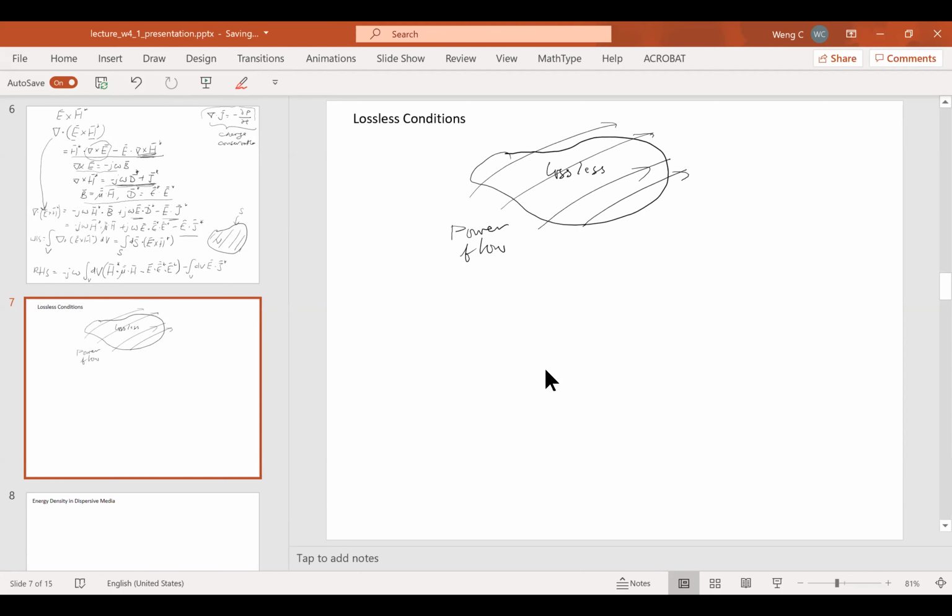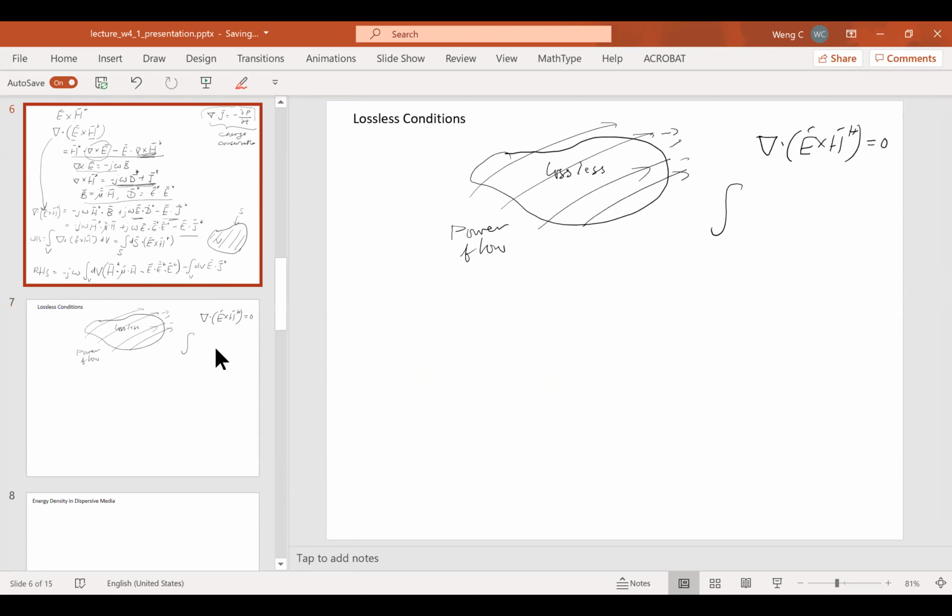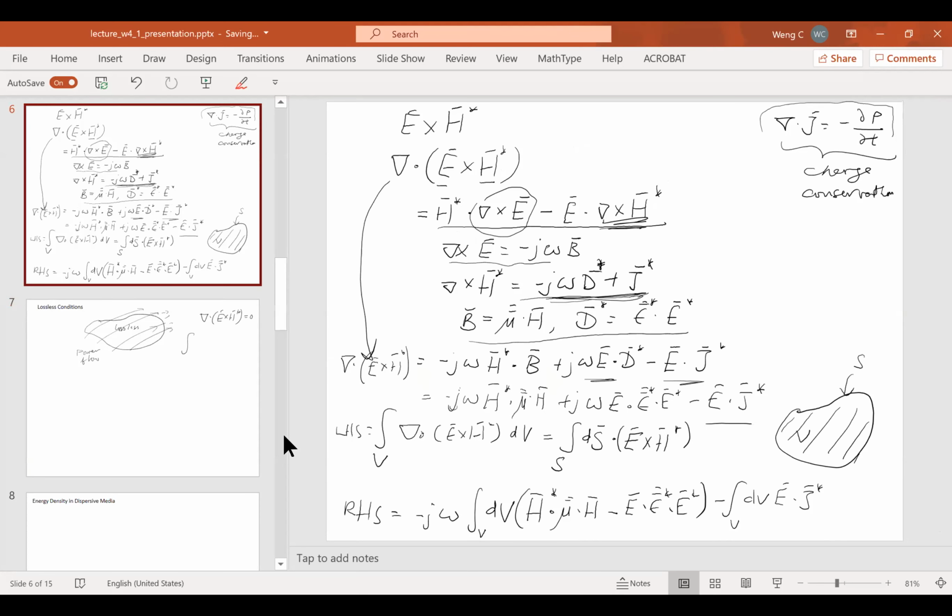So if this medium is lossless, whatever power flows in must be the same as the power that flows out. And how we can express this is the divergence of E cross H is equal to 0. And if this is true, I should put a closed circle over there.